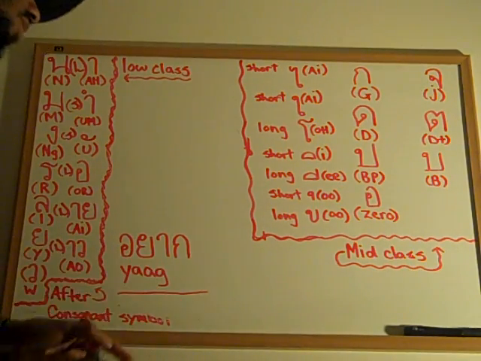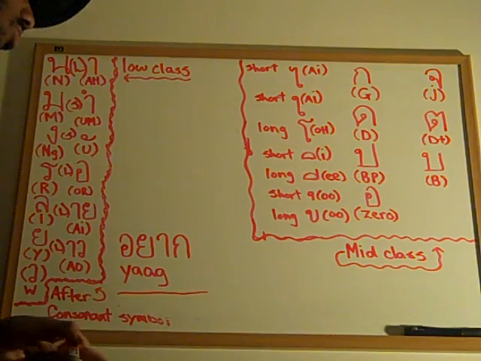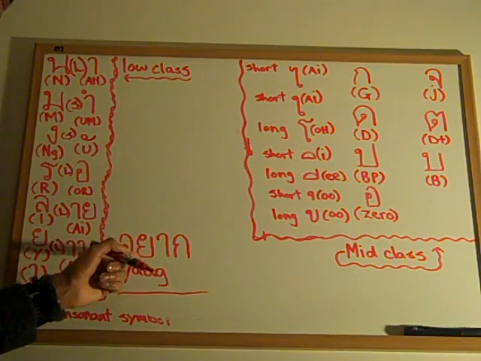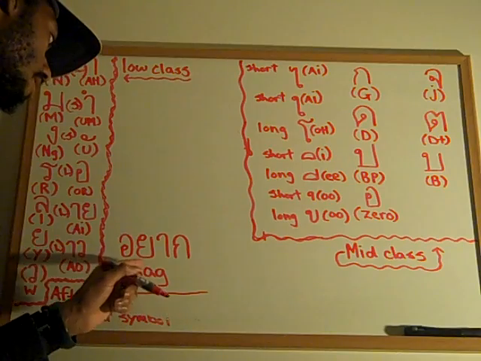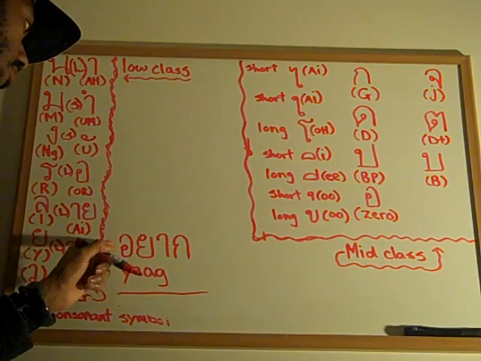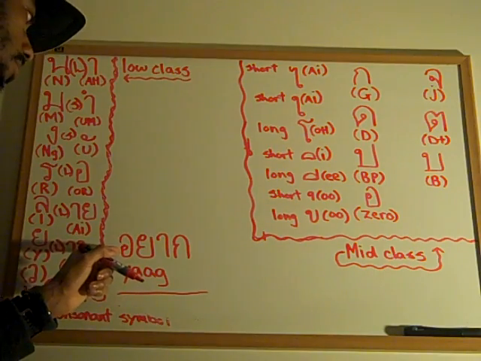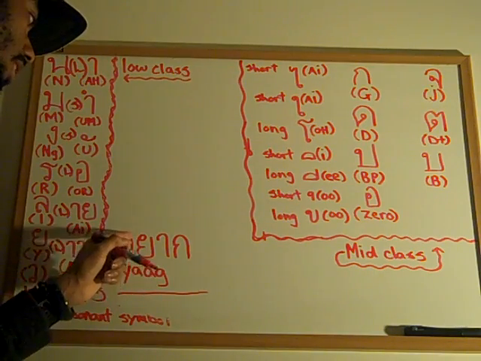This means to want, like you want to do something. But see, the funniest thing about it is this is a consonant, this is a y. But see, they start this word off with this 0.